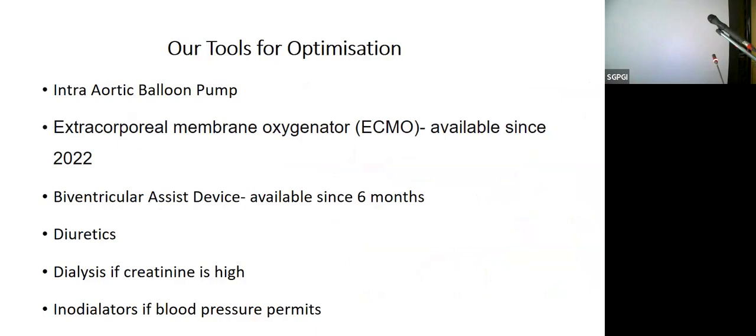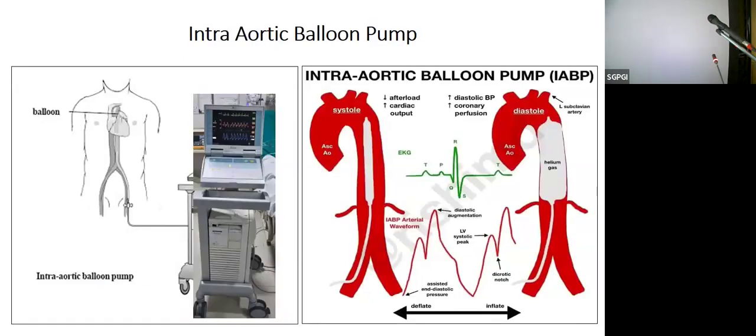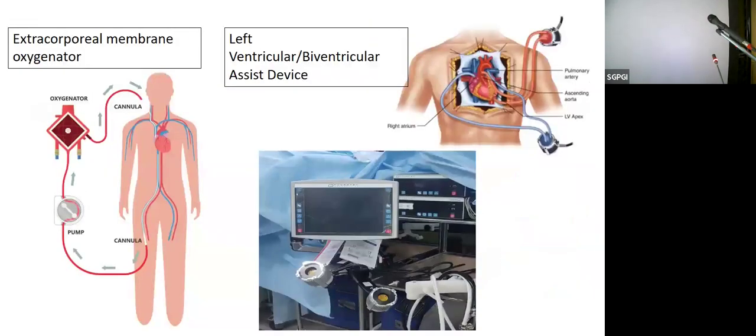Second option is ECMO. ECMO reduces preload. It takes blood from the jugular vein, oxygenates it, and puts it into the femoral artery.